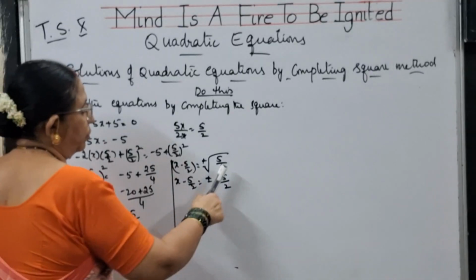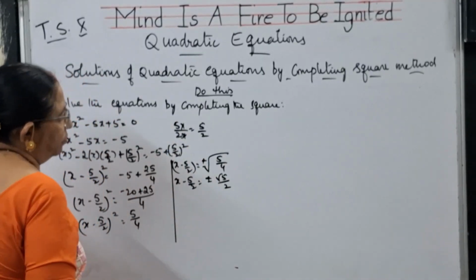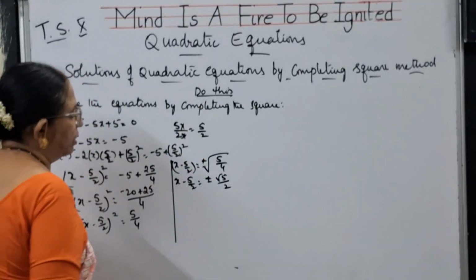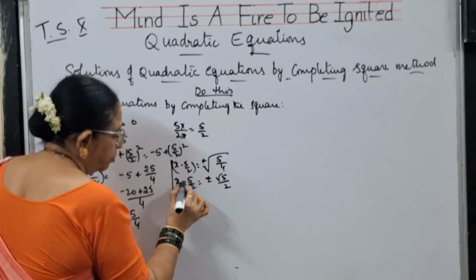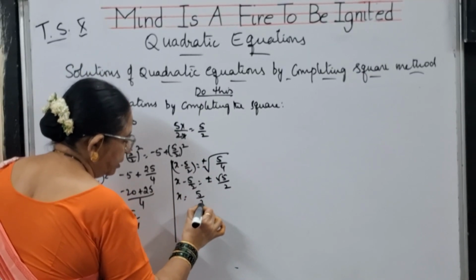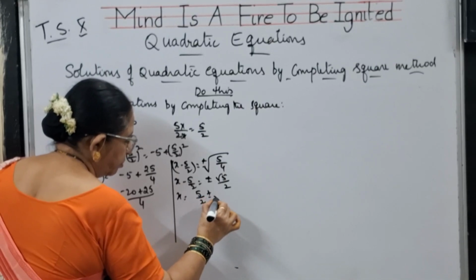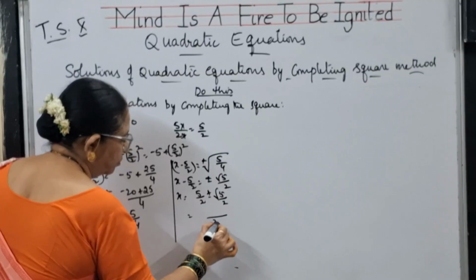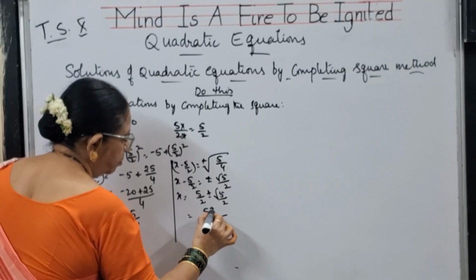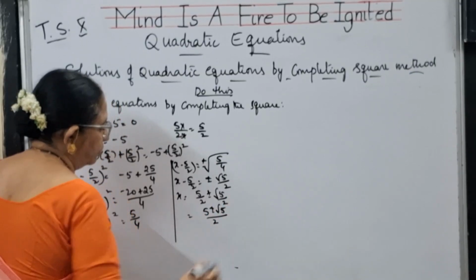Why? Because 4 is a perfect square. 5 is not a perfect square. So 5 should be written under the root. So what is x? Minus 5 by 2 when it goes here, plus 5 by 2 plus or minus root 5 by 2. So LCM is 2: 5 plus or minus root 5.